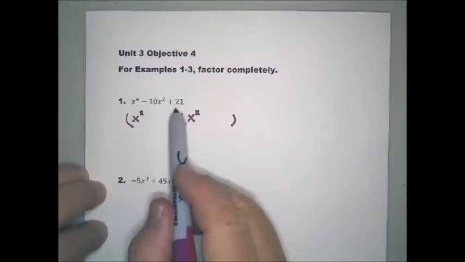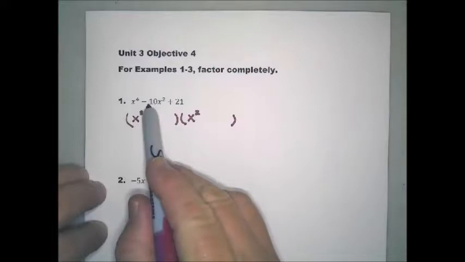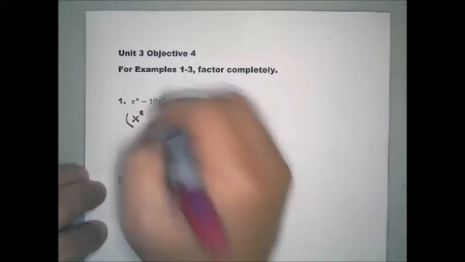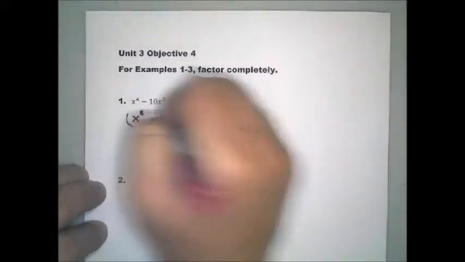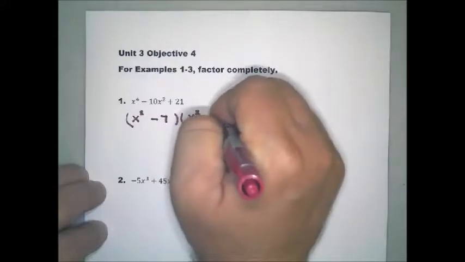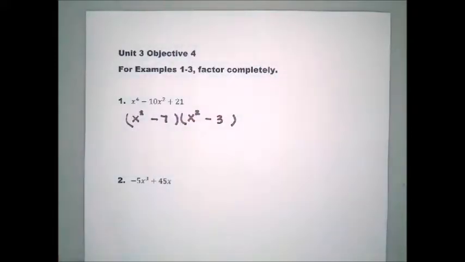What are the factors of positive 21 that give you a sum of negative 10? It's negative 7 and negative 3. Now you could FOIL this if you want to check, and you would get x to the fourth power minus 10x squared plus 21.